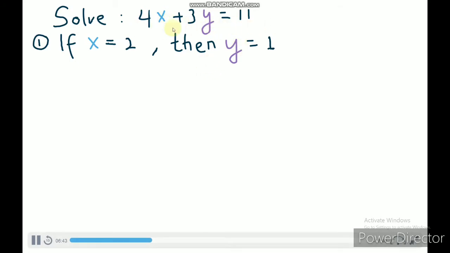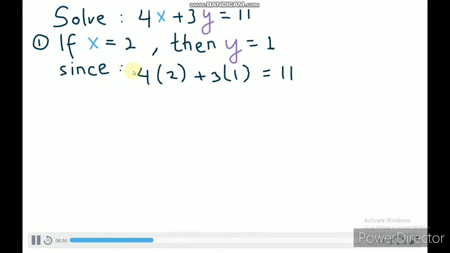Mentally, I try to find combinations where 4 multiplied by 2 and 3 multiplied by 1 gives 11. Well, it does.